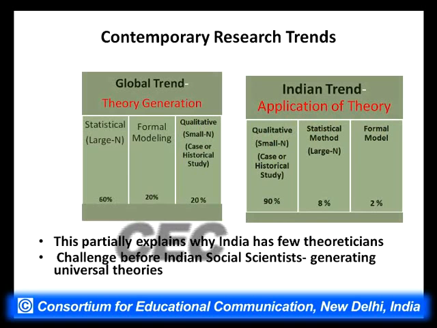This partially explains why India has few theoreticians. If you see disciplines like political science, sociology, economics, most of the theories are developed in the Western context, and they are being developed by Western scholars. Now the crucial thing that comes to my mind, and which should bother you also, is why India is not generating a large number of theoreticians as you have in the Western countries. So one, if I have to give you the narrow research methodological explanation, is that most of the best journals in the world require a certain kind of methodology, and the training is missing.